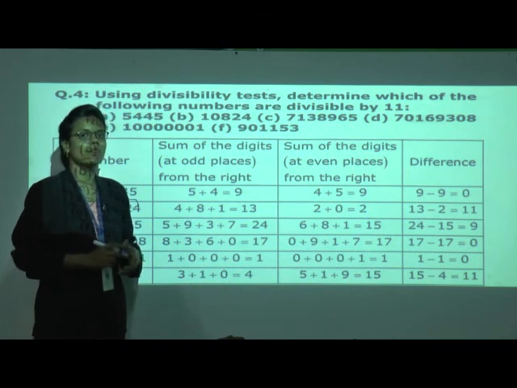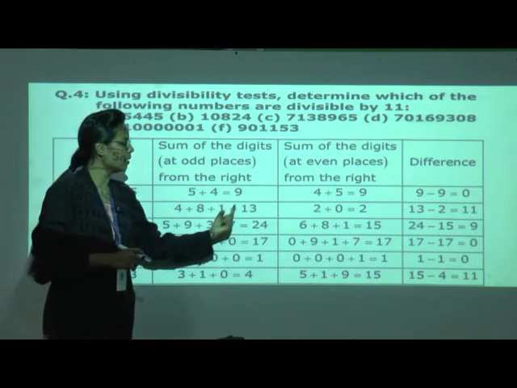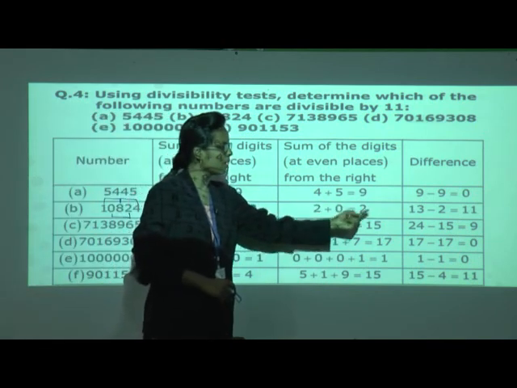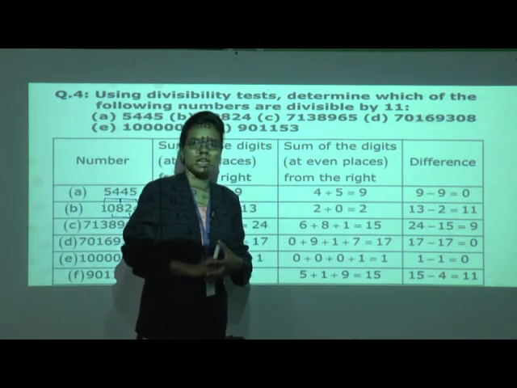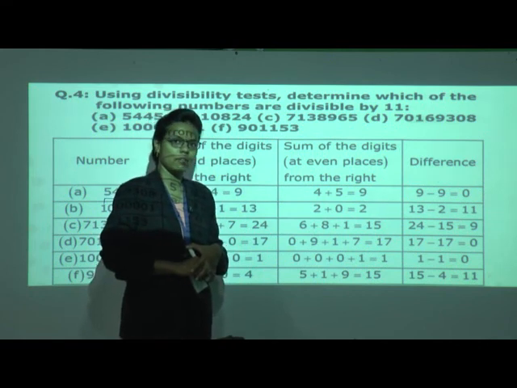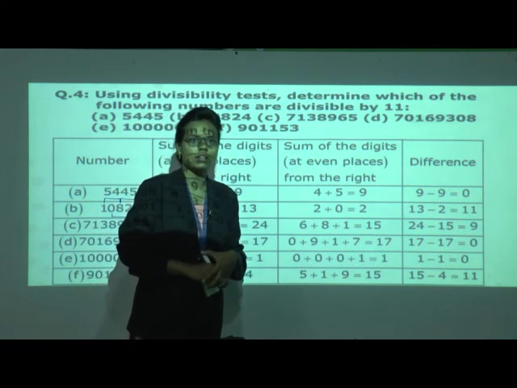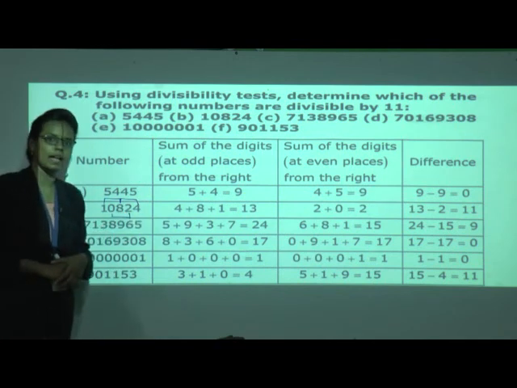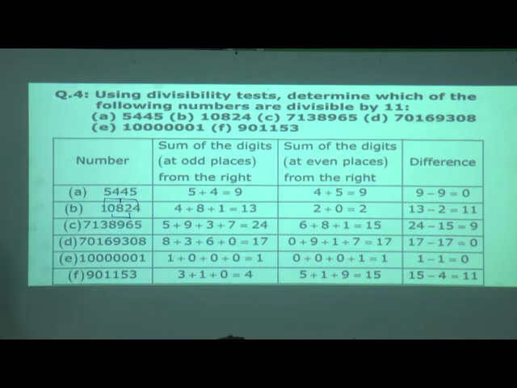Now we find the difference of odd and even: 13 minus 2 becomes 11. Is 11 divisible by 11? Yes, 11 is divisible by 11. So the number is divisible by 11.